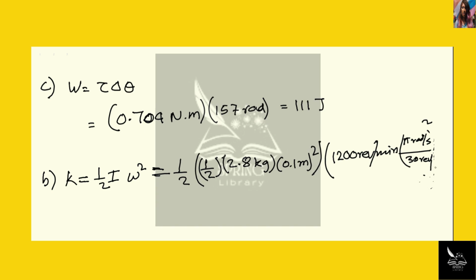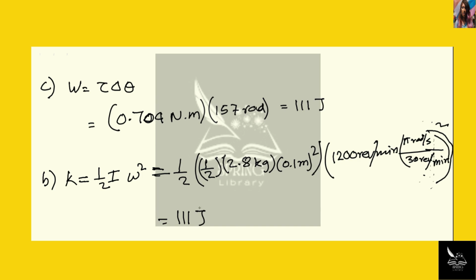So this is 30 rev per minute, and then we put a square, and then we finish the parenthesis. Right, and that gives us the kinetic energy as 111 joules.